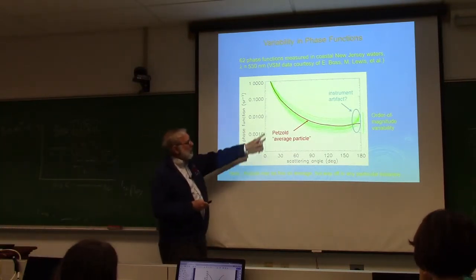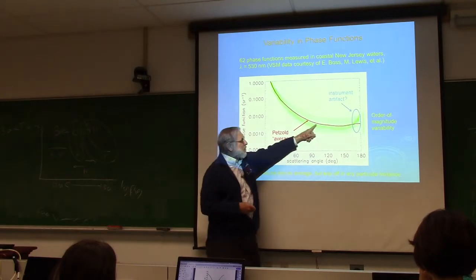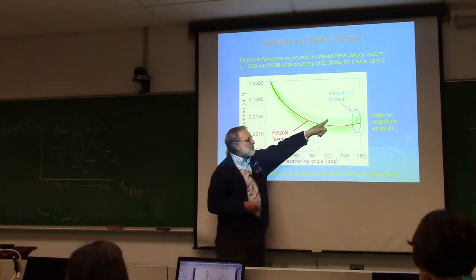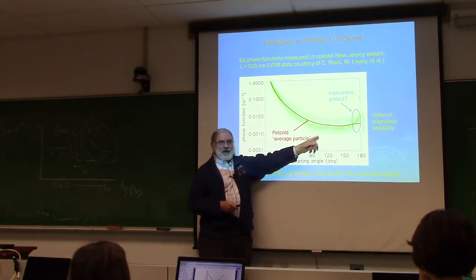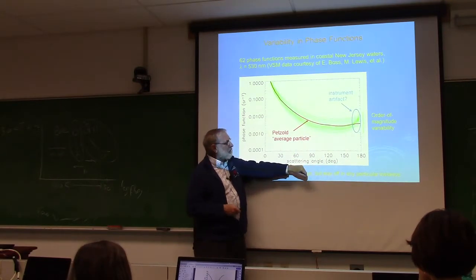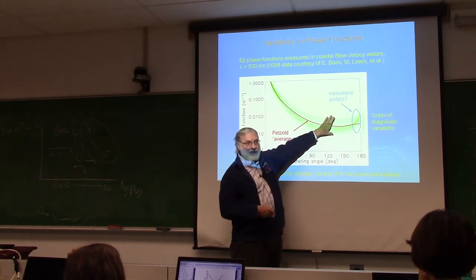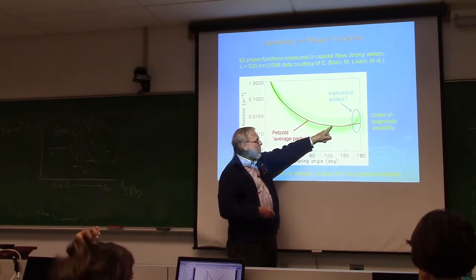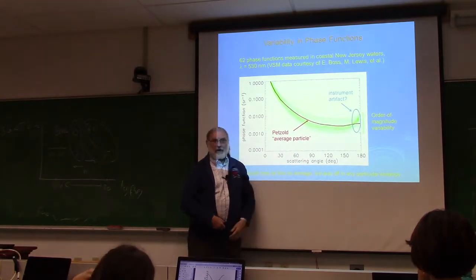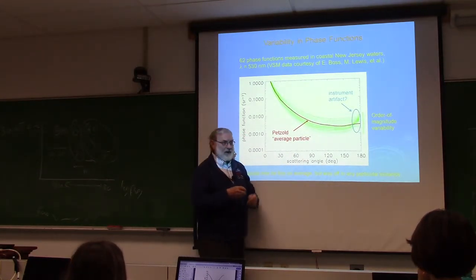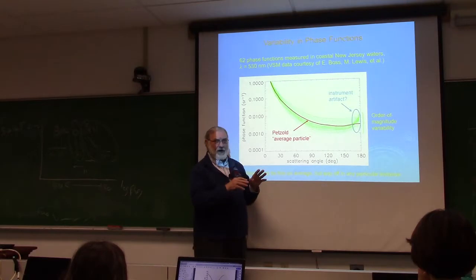Anyway, here's the Petzold average particle phase function, and here's all the ones that were made in this New Jersey water. First of all, notice that's an order of magnitude variability in the backscatter direction. And the Petzold one looks really great on average. But now the problem comes. You're going to run Hydrolight.